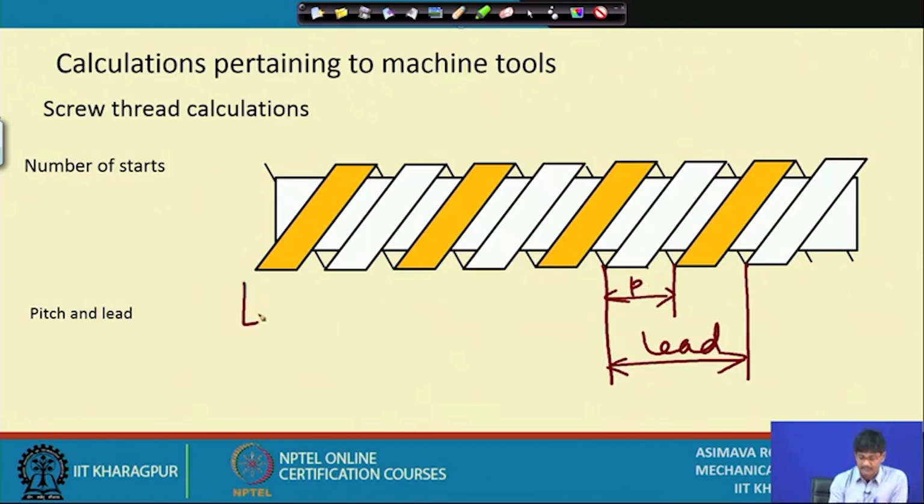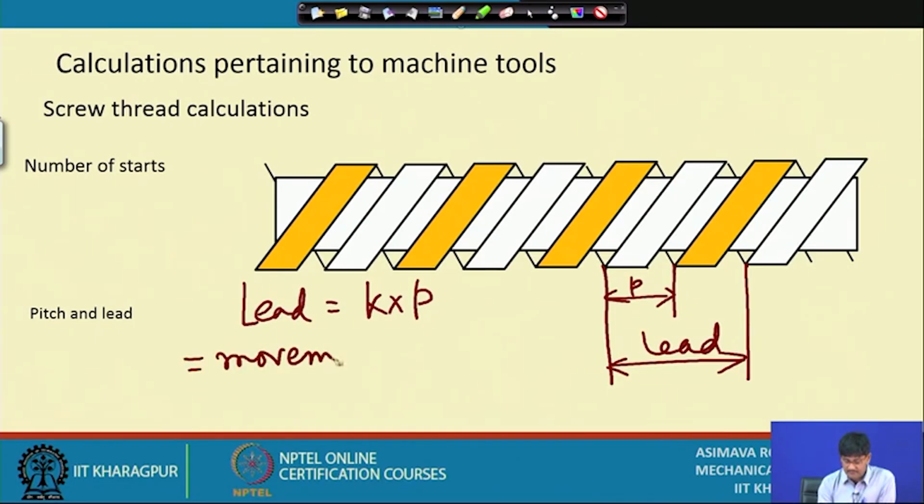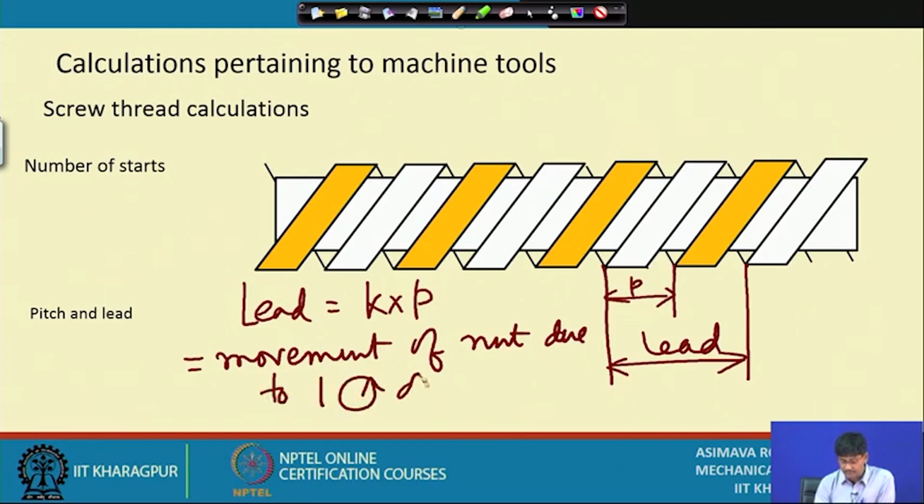So, we have lead equal to k into pitch. K is the number of starts, and lead is equal to the movement of the nut due to 1 rotation of the screw.